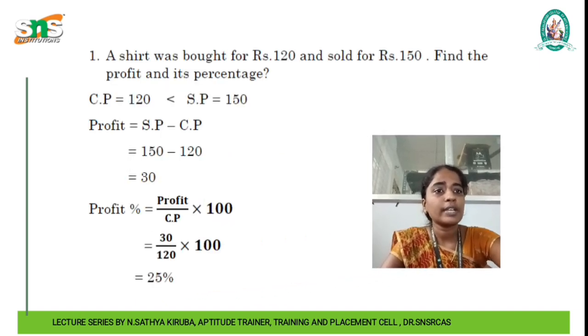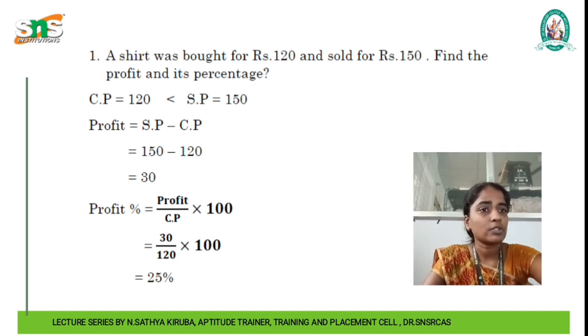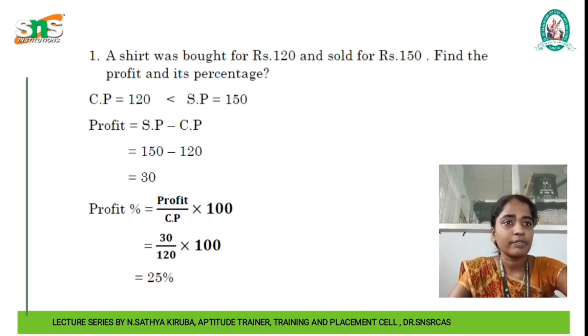Now, for an example: a shirt was bought for rupees 120 and sold for rupees 150. Find the profit and its percentage. The cost price of the shirt is 120, the selling price is 150. Obviously it is a profit because the selling price is more than the cost price. Selling price minus cost price, so your profit is 30.